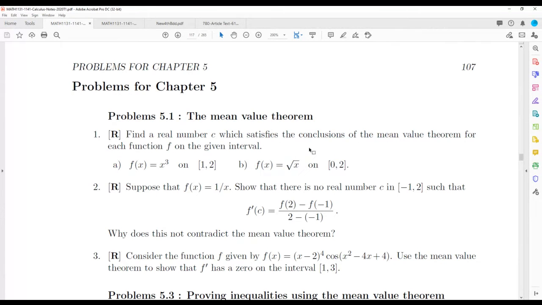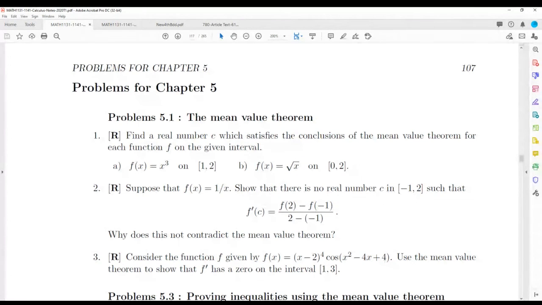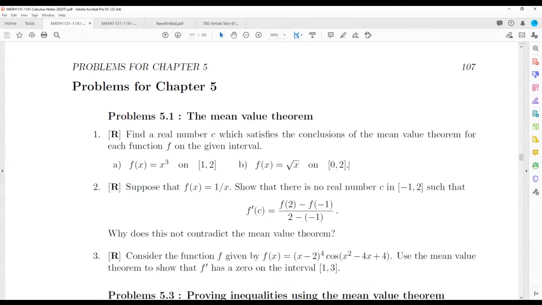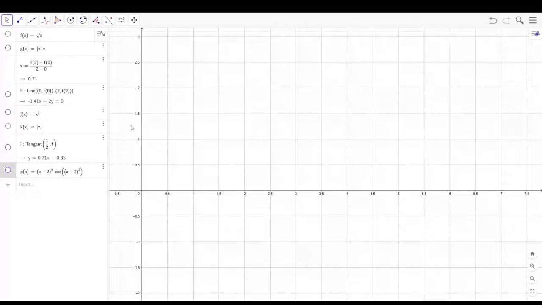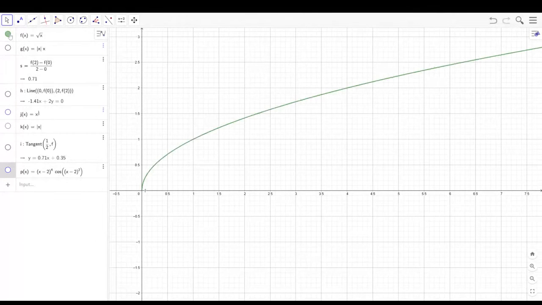Okay, so let me share a picture with you. Did somebody say GeoGebra? And we can have a look at what this mean value theorem looks like. So I'm going to put up GeoGebra for a second. Here we go. I'm going to put in the function root x, and I'm really only interested in that function on the interval from x equals 0 to x equals 2.